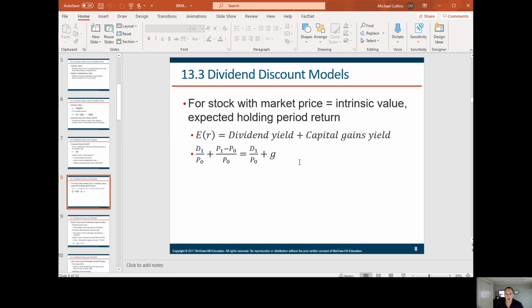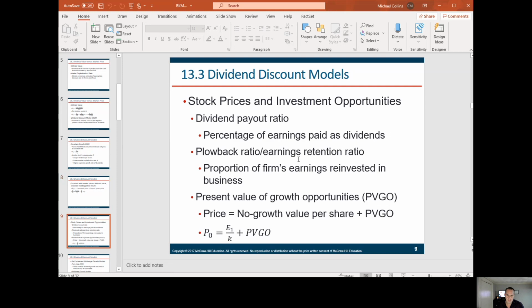If you want to discount $100 2 years out at 3%, it's 100 divided by 1.03 to the power of 2. And that's how you compound for the second year. The third year cash flow is 1.03 to the power of 3, and so on and so forth.